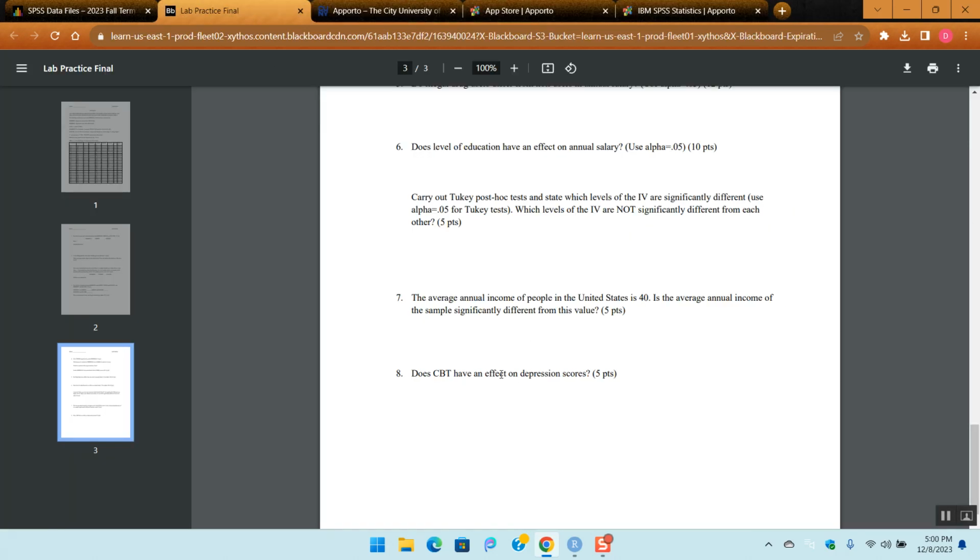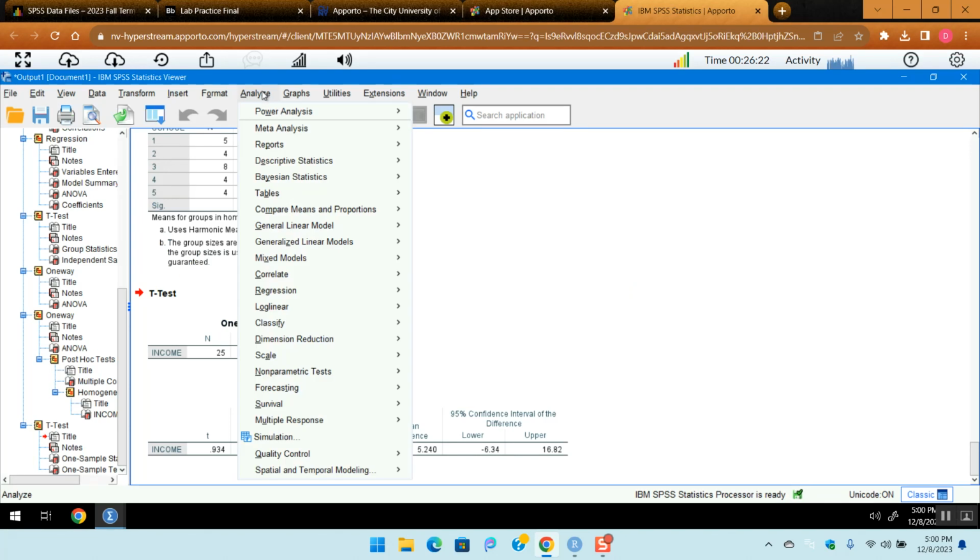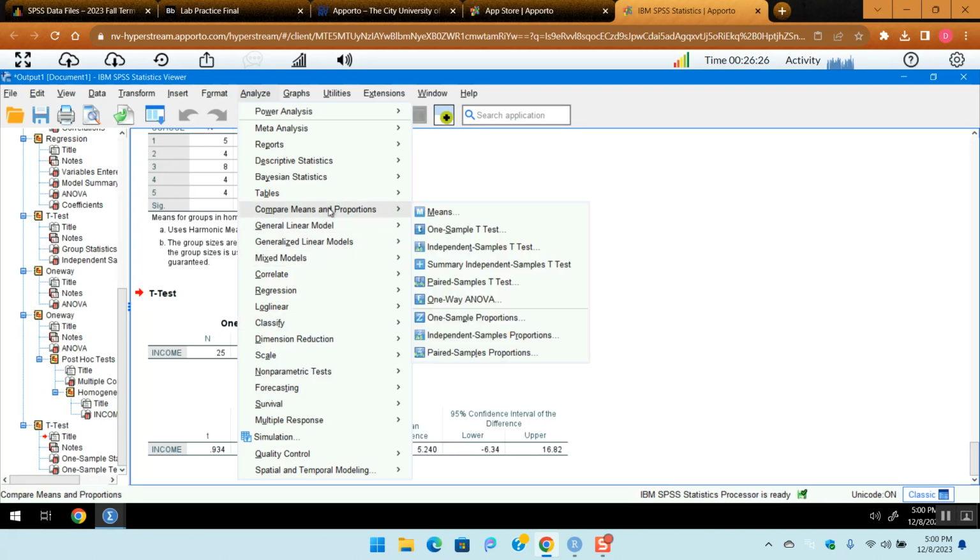So that's number 7. Number 8, does CBT have an effect on depression scores? Well, I can do that here. Analyze, compare means. Now we're doing before and after, because depression 1 is depression level before therapy, CBT, which is cognitive behavioral therapy, and depression 2 is depression level after therapy.